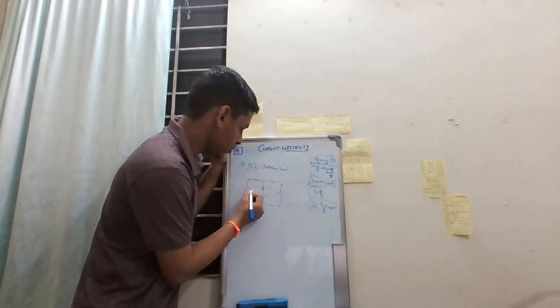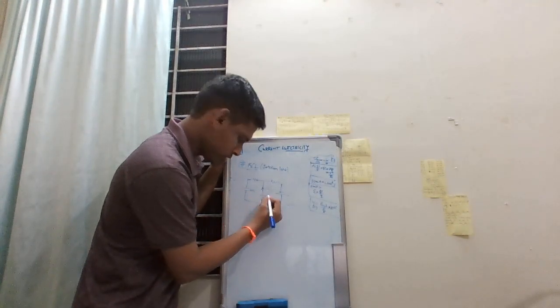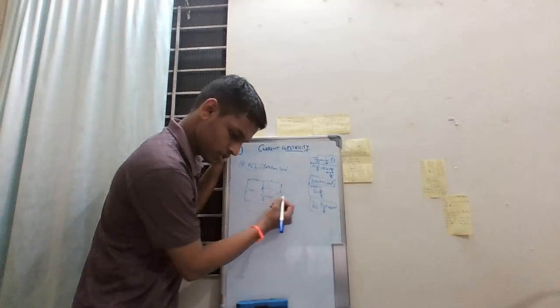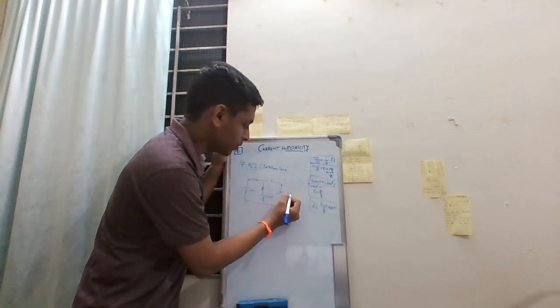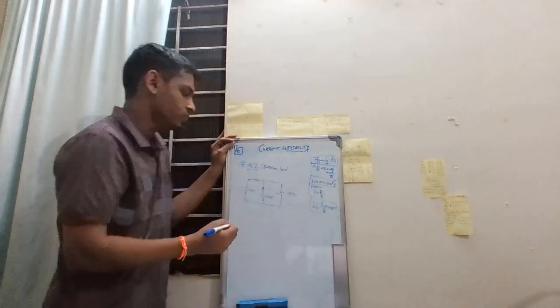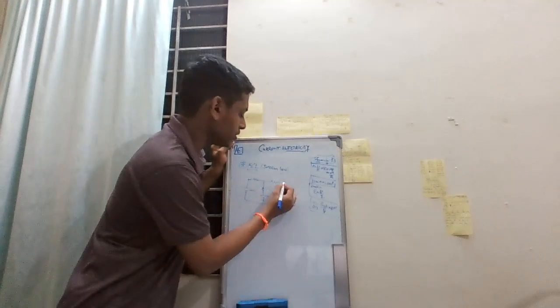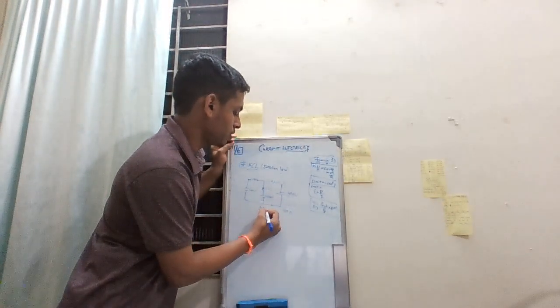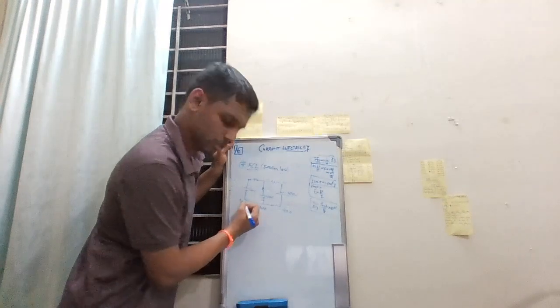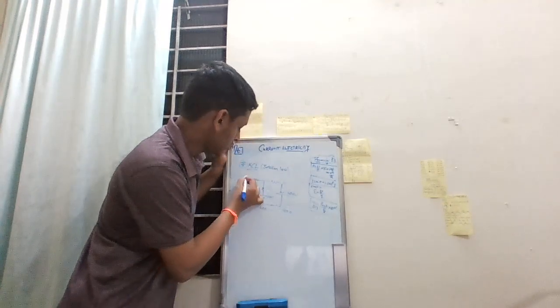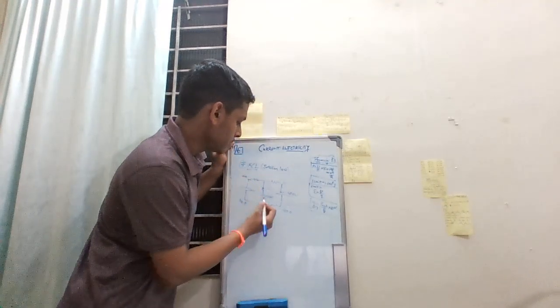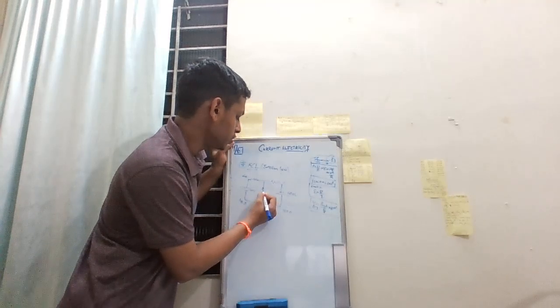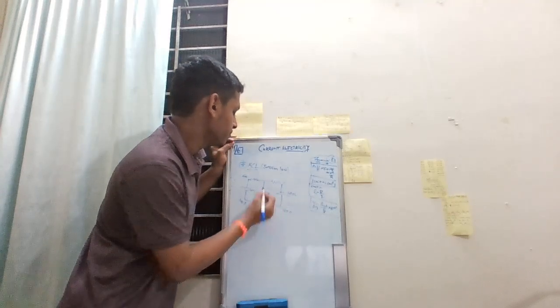Here we have 200 volts, this is also 200 volts, and this is 400 volts. So we'll take the largest one. This would be 0, this would be 400, 400, 400. This is 600, then this would be 400 plus 200, 600.